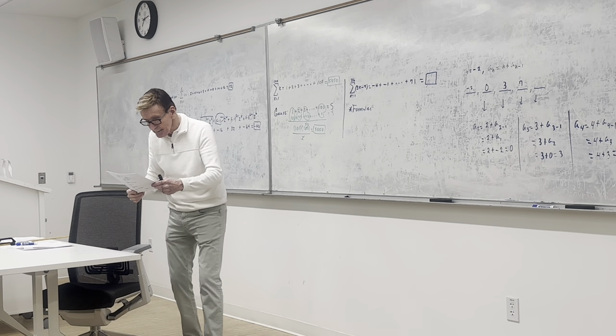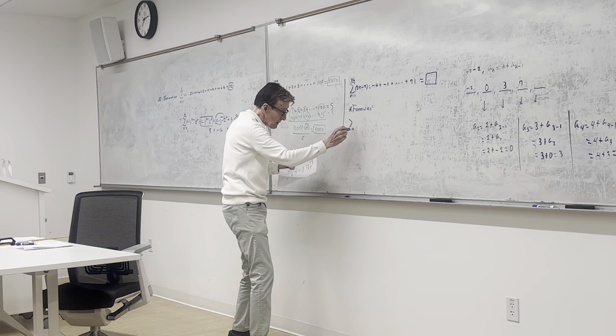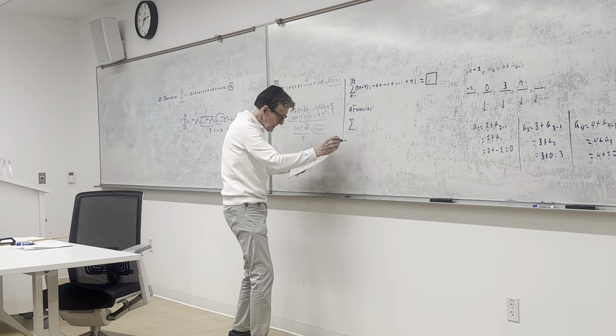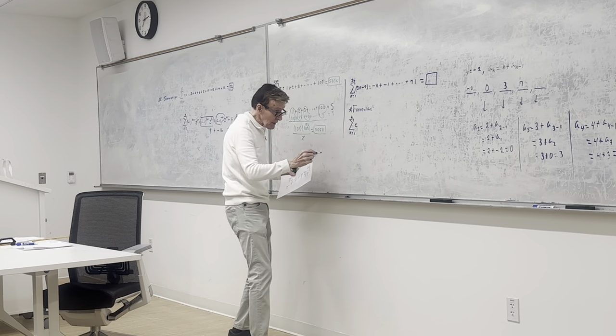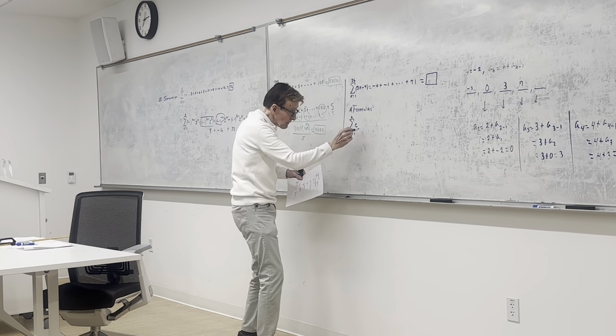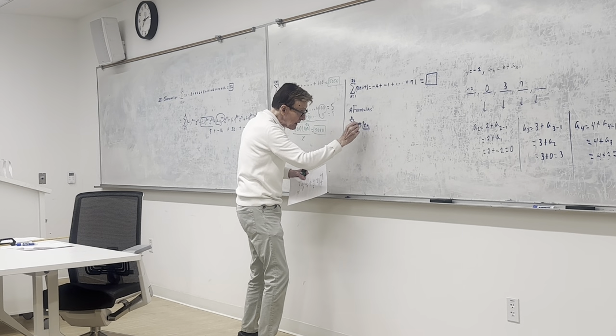First one I want to look at is this one. If you're asked to sum up, let's say k is equal to 1 through n of a constant, just a number inside there, find that sum right quickly, multiply c times n.